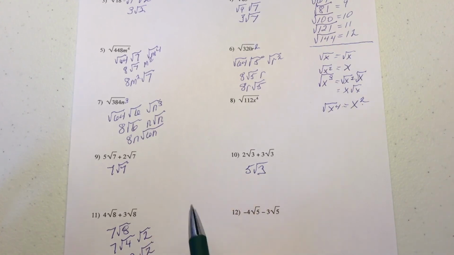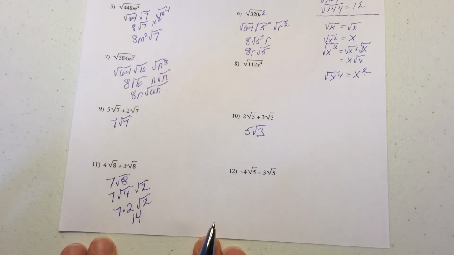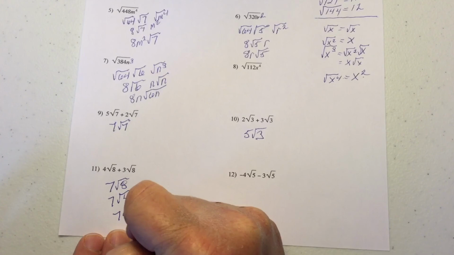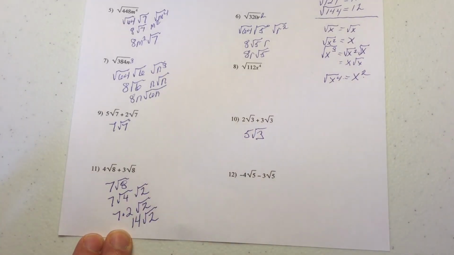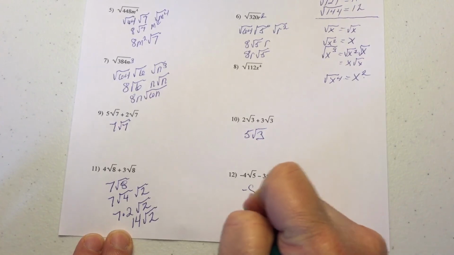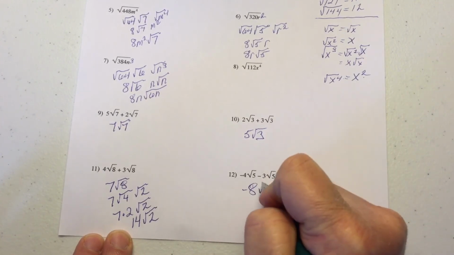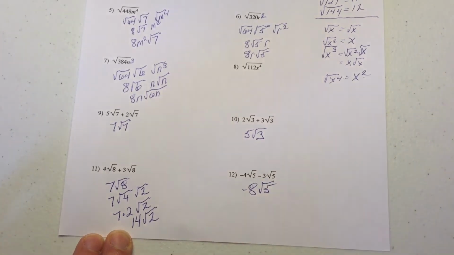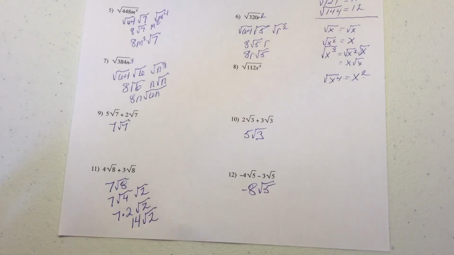So 14 radical 2. And if I look at this one, I've got to remember that we can still do negative numbers because they're outside the radical. And we are at negative 8 radical 5.